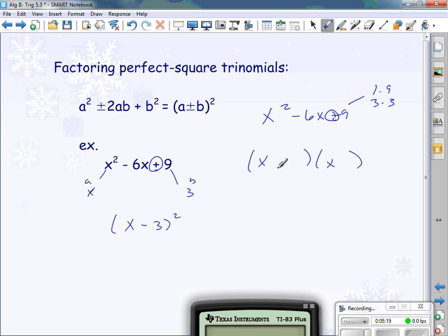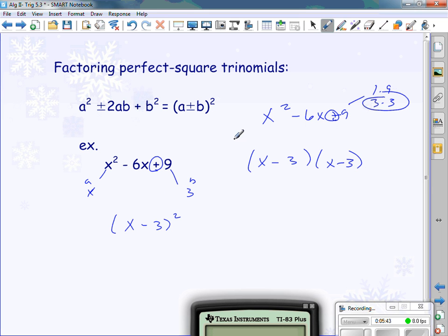They both have to be negative. So when they're the same, I need to add. Which way do I add to get a 6? 3 and a 3. What do you notice? What does x minus 3 squared really mean? X minus 3 times x minus 3.